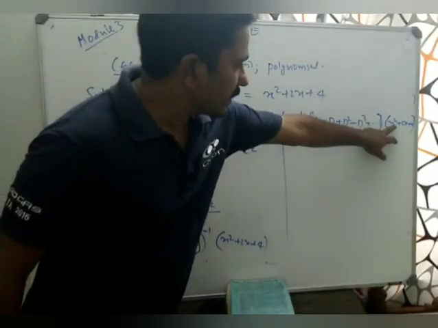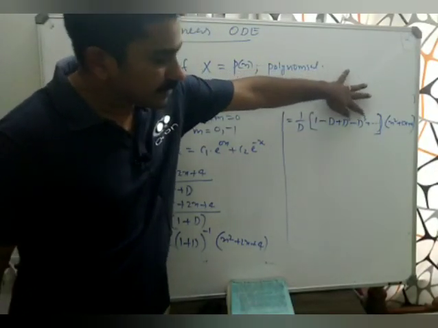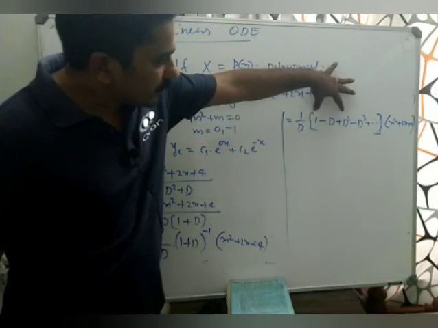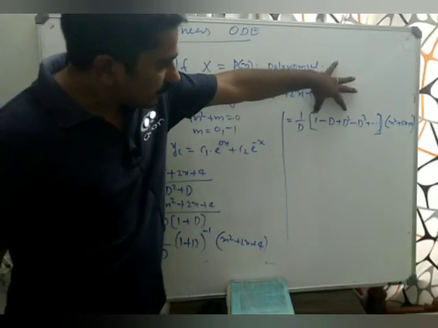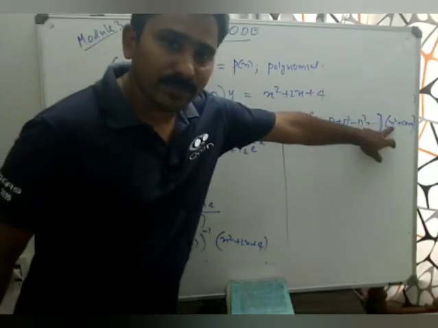Okay, now the thing is that this one is a second degree equation. Actually this one has infinite number of terms, right? So we don't need all those terms, but we need the terms up to degree 2, because this one is a second degree polynomial.